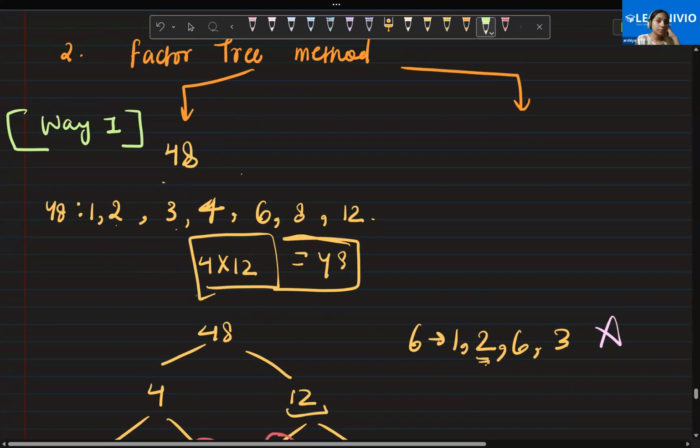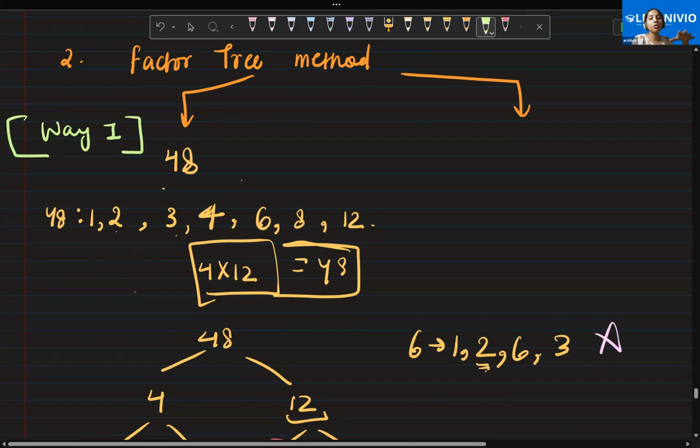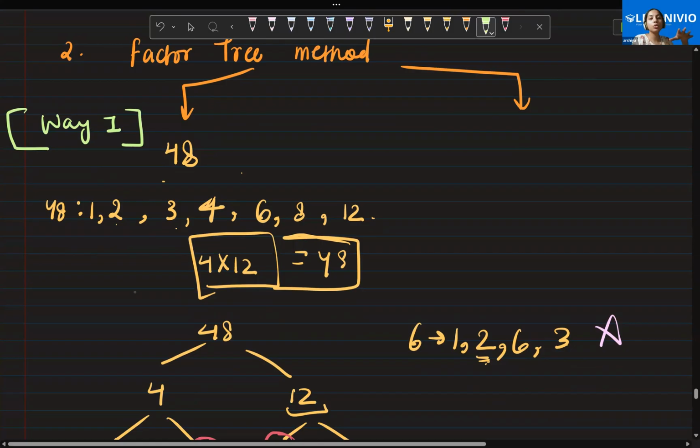Can you repeat it again? Okay, I was saying that first write down factor tree method, way 1, this is the first way. There's one more way to do this, and write for 48. Then I'll show you for 60 also. Okay. Okay, ma.